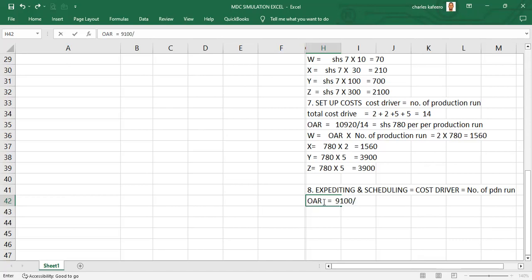We divide by the 14, which are the total number of production runs. And what we get there is going to be our cost per production run. And that will give us 650. That is shillings. I use that symbol to mean shillings per production run.